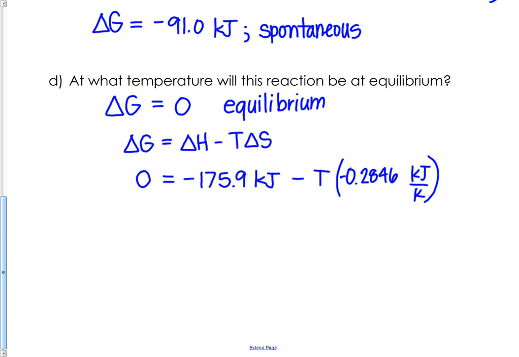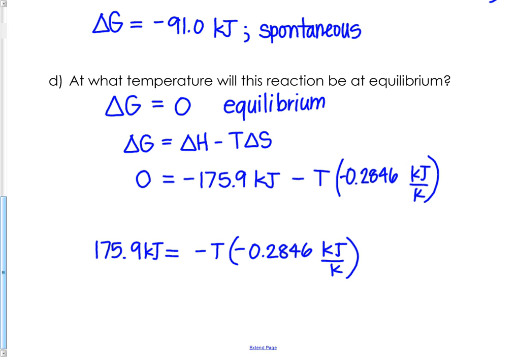Now, to solve for the temperature, you could move the 175.9 kilojoules over to that side, and you're going to be left with negative T times negative 0.2846 kilojoules per Kelvin.